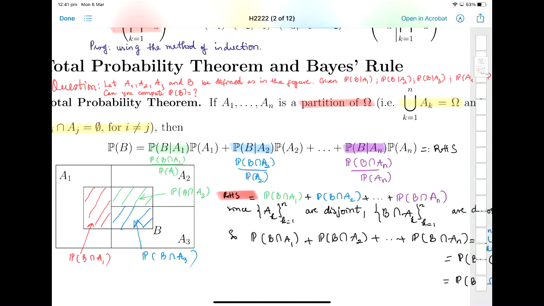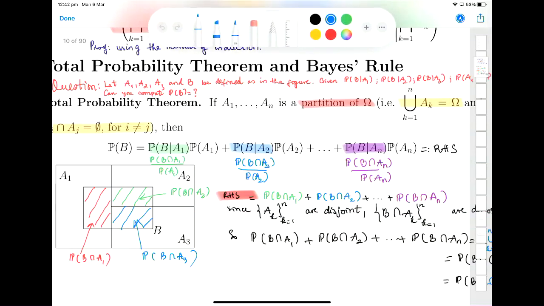So the probability of B equals the probability of B given A1 times the probability of A1, plus the probability of B given A2 times the probability of A2, up to the last one, the probability of B given AN times the probability of AN.